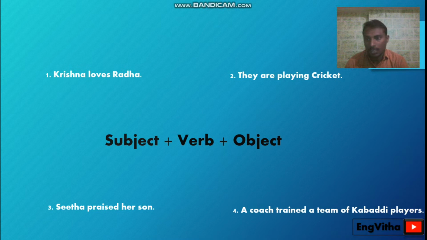Let us go to the first sentence, Krishna loves Radha. If you observe it keenly, Krishna is the subject, loves is the verb, and Radha is the object. Krishna, the subject, is doing an action, that is love, which is shown by the verb, and Radha is the object which receives the action from the subject Krishna.